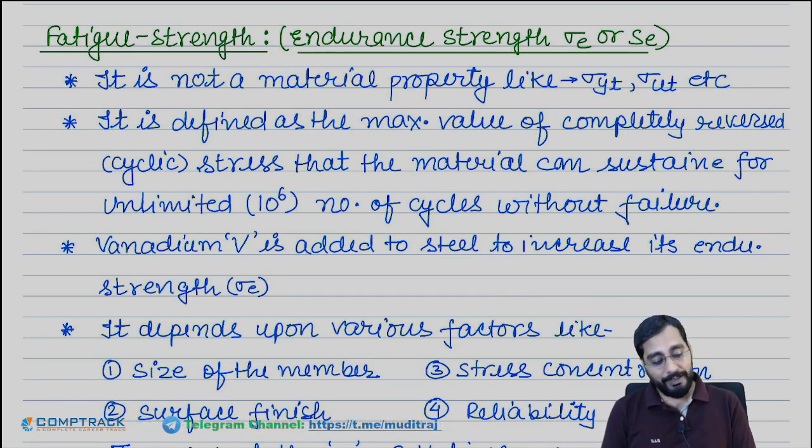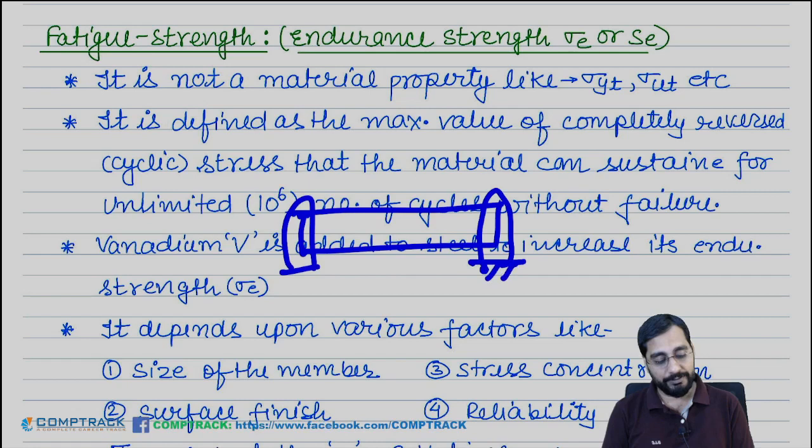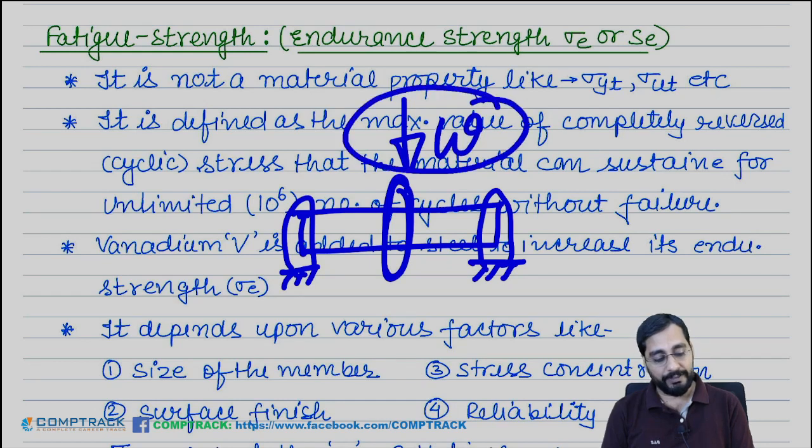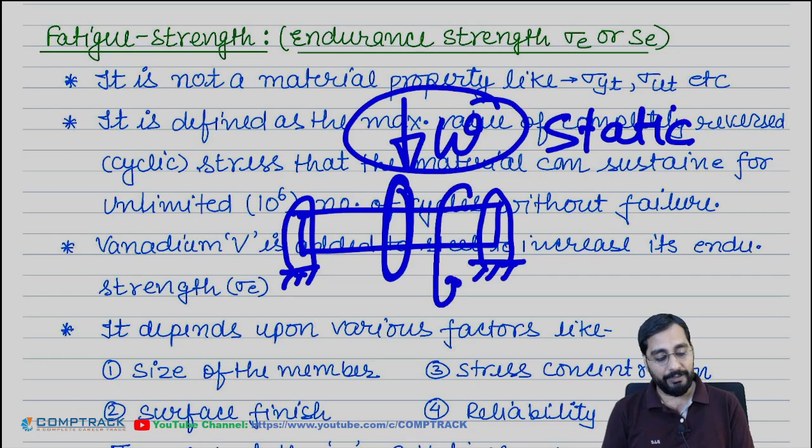So actually, if there is a shaft and there are bearings, and there is a rotor, then this rotor's weight or load will be W static. But if it is rotating, then due to this load there will be bending.